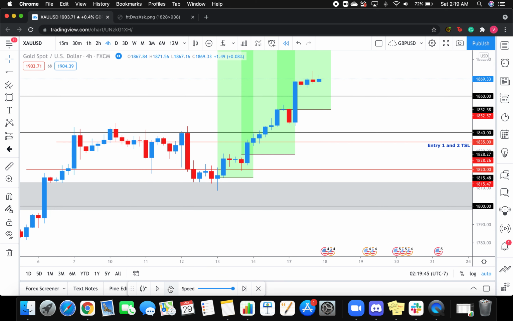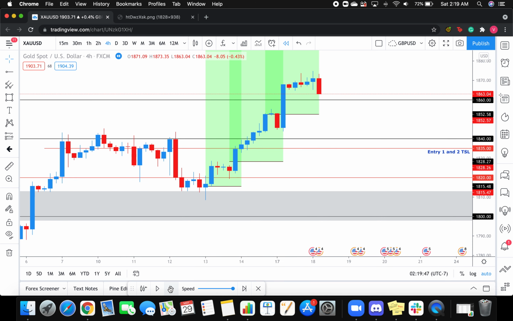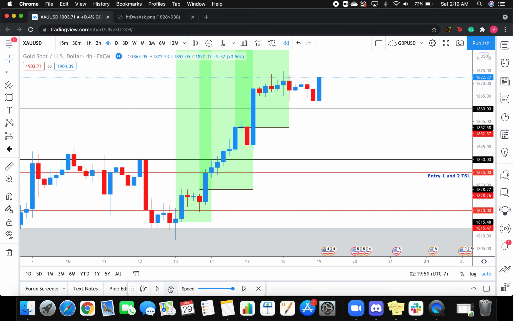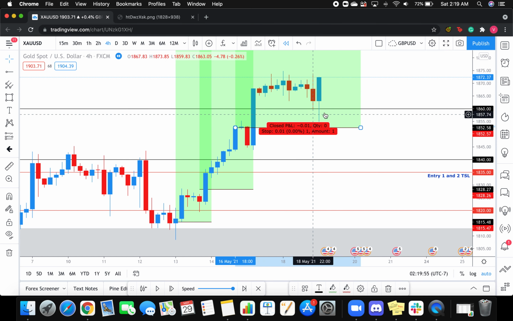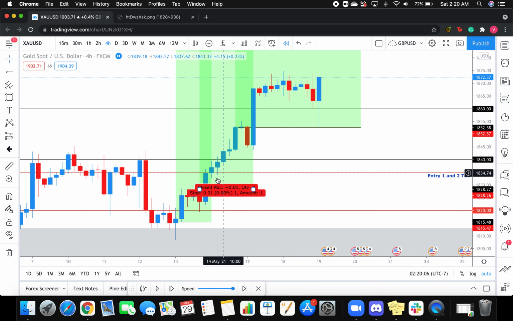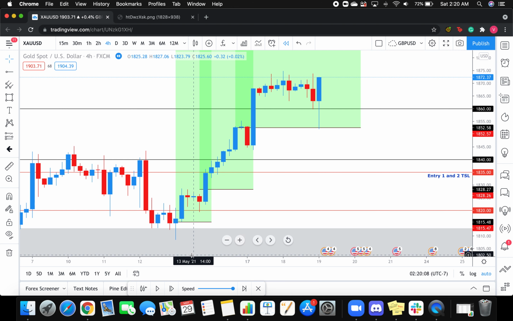So we see consolidation here, a ton of consolidation. Price comes down, takes us out on our third entry, our second scale in, and then price flips bullish, continuing up bullish, and we still have our first two entries running.